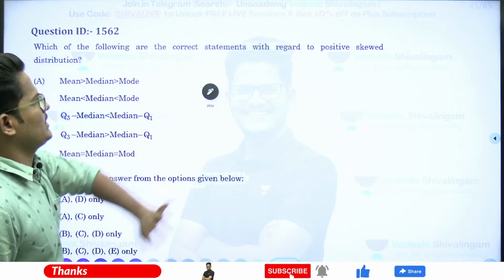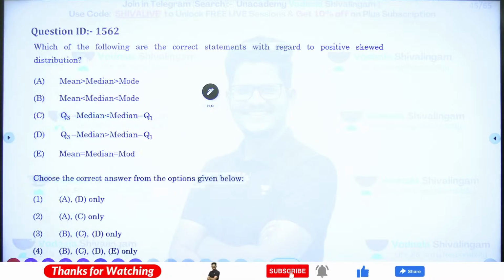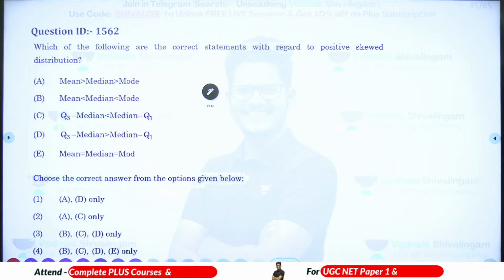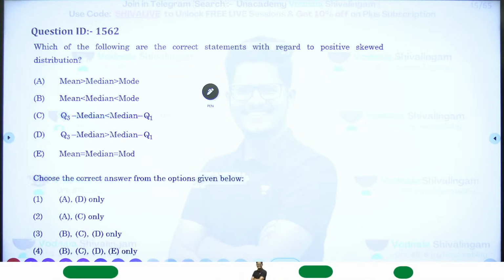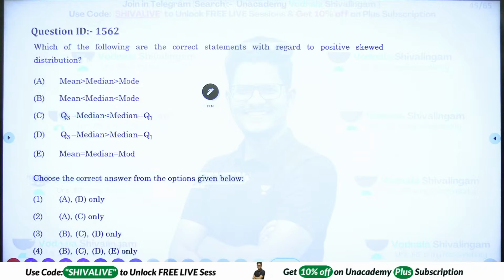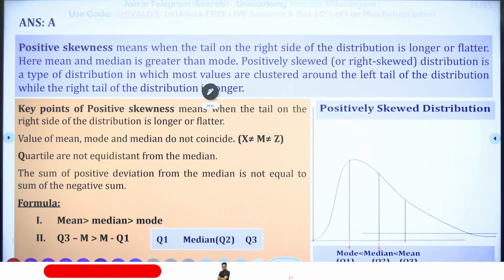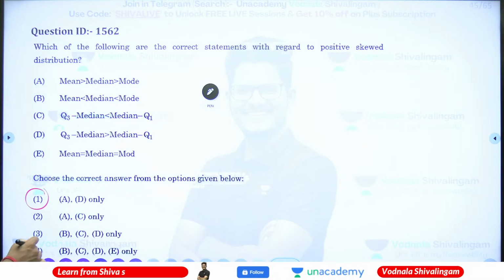Next question, which of the following is correct with regard to a positively skewed distribution? The answer is A, A and D only.